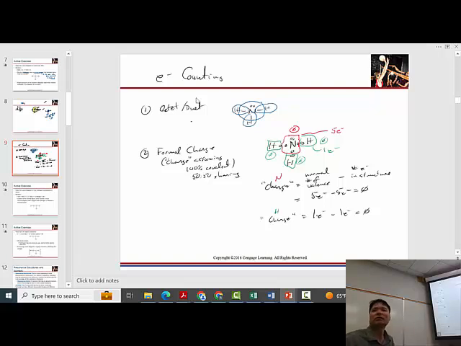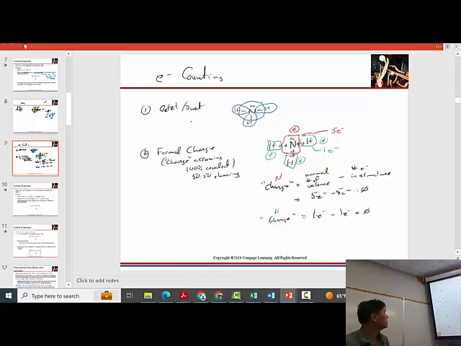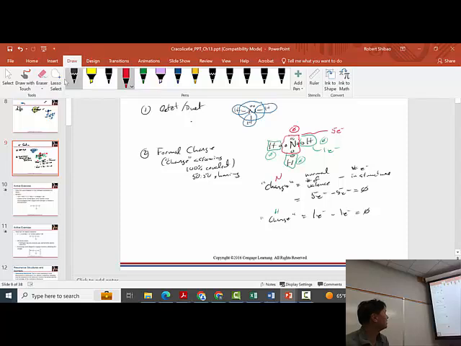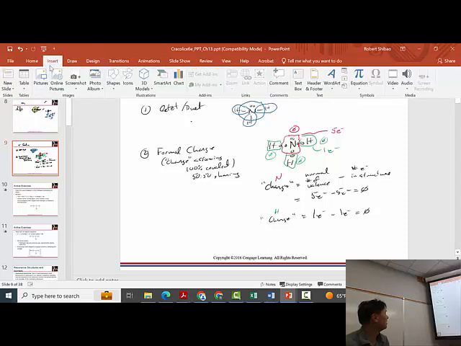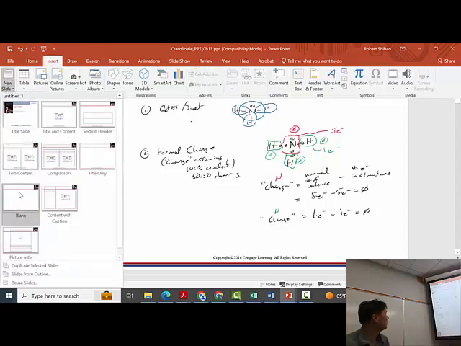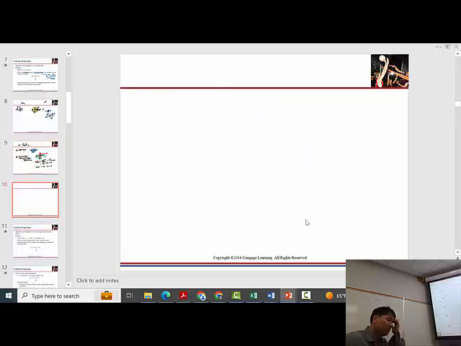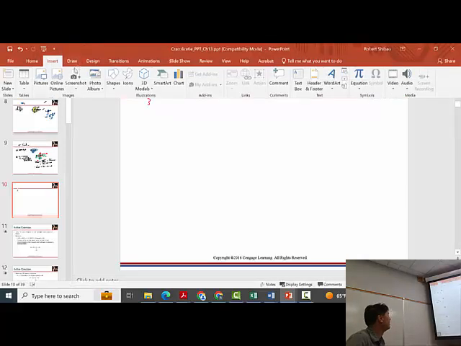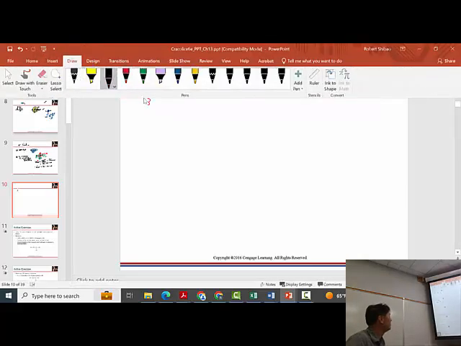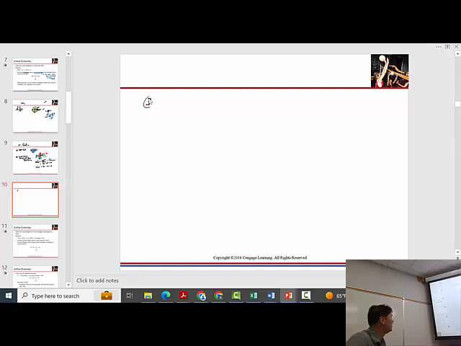What's the opposite of 100% covalent? Yeah, right. The opposite of 100% covalent is 100% ionic. And so that comes up to number 3 here. The third way of counting electrons is by doing something called oxidation state.